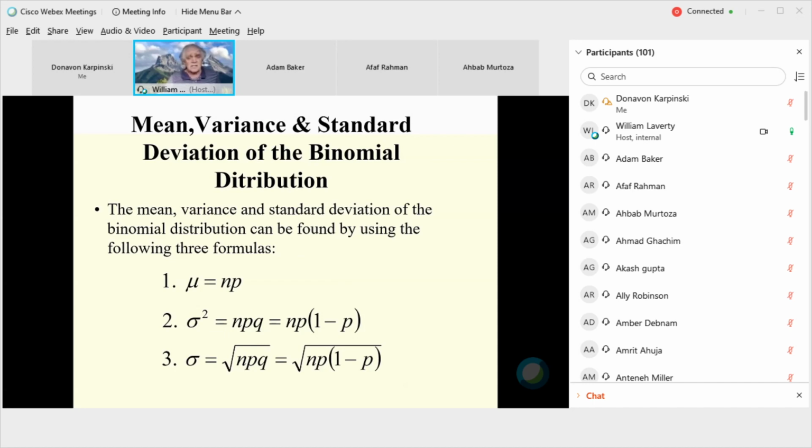The variance is n times p times q, n times p times 1 minus p. The standard deviation is the square root of that, square root of n times p times q. So this is the easy way to compute it for the binomial distribution. For any other distribution, you have to use the more complicated formula.